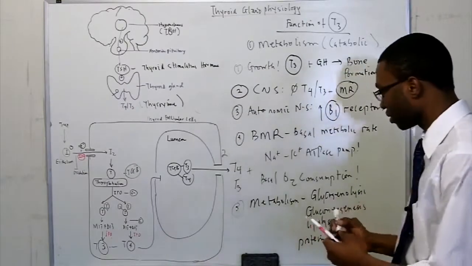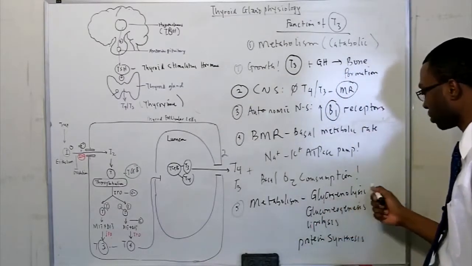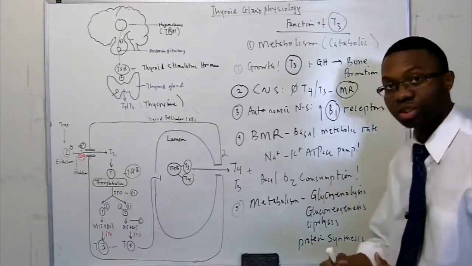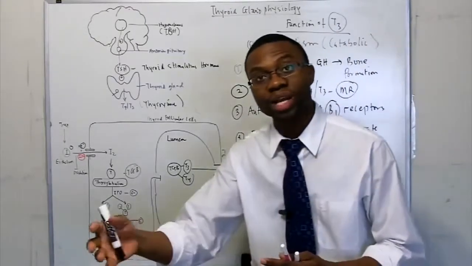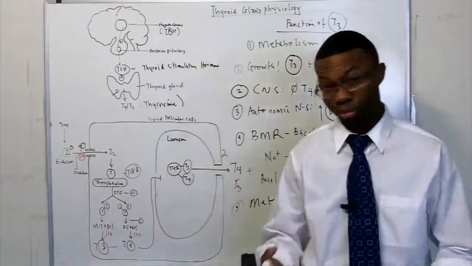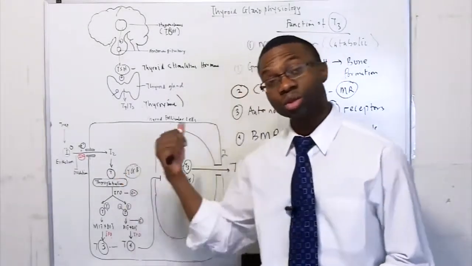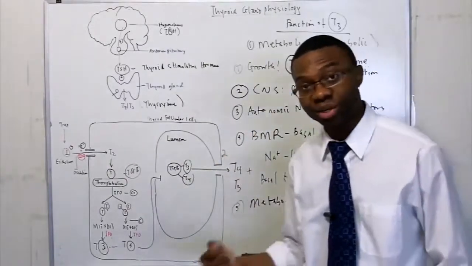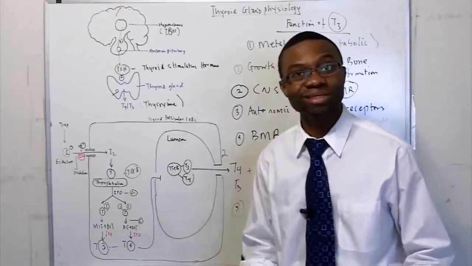Now, guys, glycogenolysis means lysis of glycogen, which is a stored form of glucose, so we can break down glucose. We need glucose for our body, right? The brain needs glucose, the heart, the muscles, they all depend on glucose. So the thyroid gland is making sure your body is breaking down glycogen when you need it as a backup.